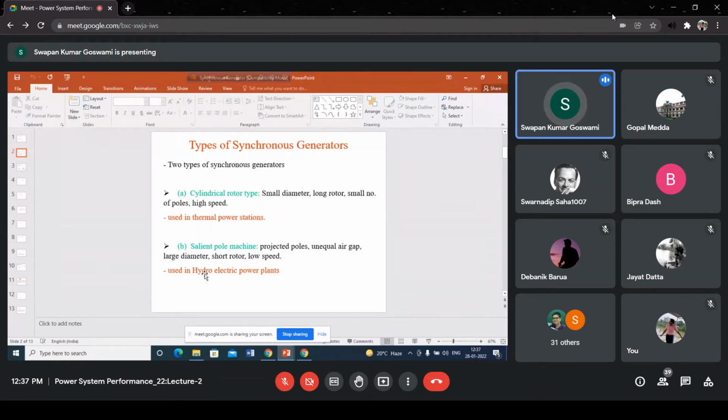Cylindrical rotor type means these generators have a constant, uniform air gap. These are high speed generators. They have small diameter, they have a long rotor, and the number of poles is small, and speed is very high.